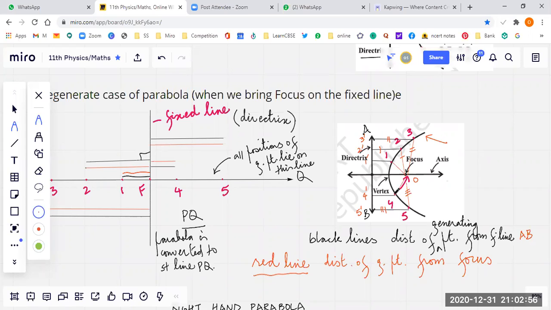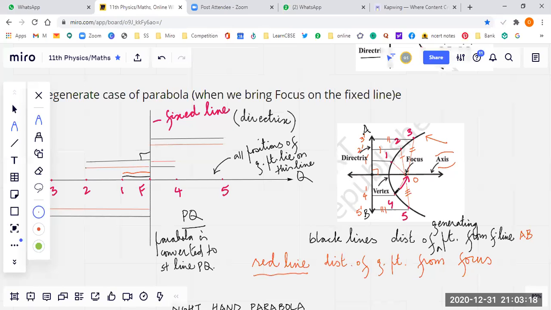Now students, we also define something which is known as the axis. What is the axis? Axis is a straight line passing through the focus of the parabola, perpendicular to the directrix, as shown here.